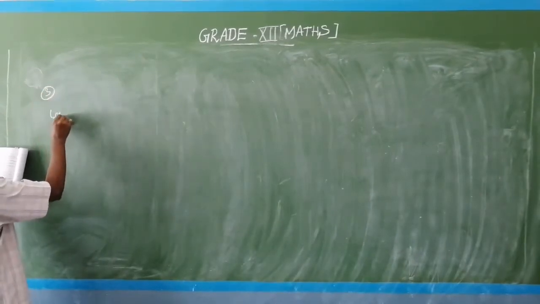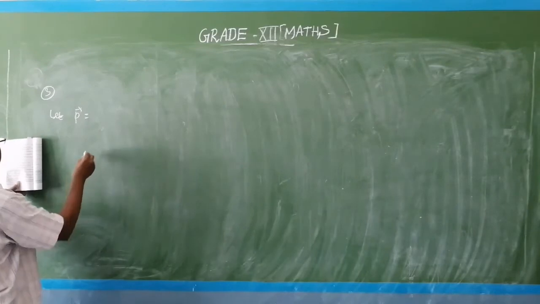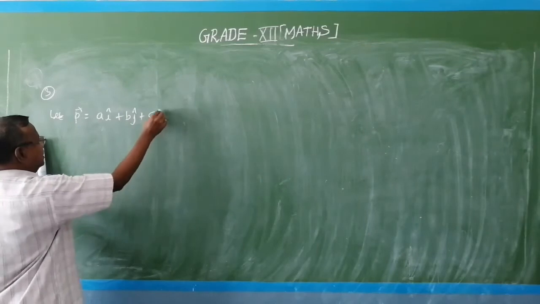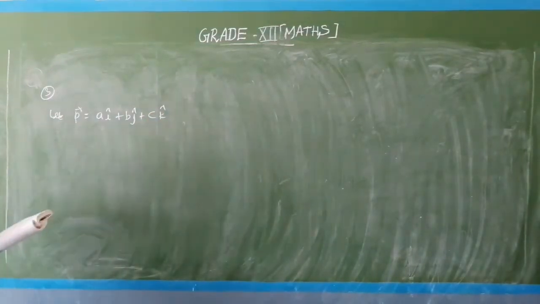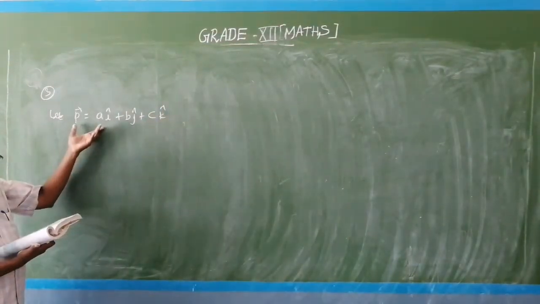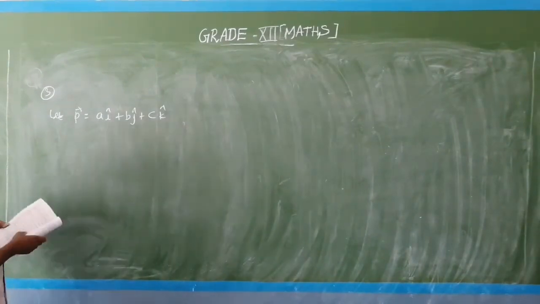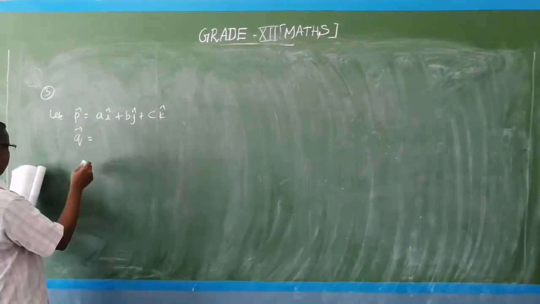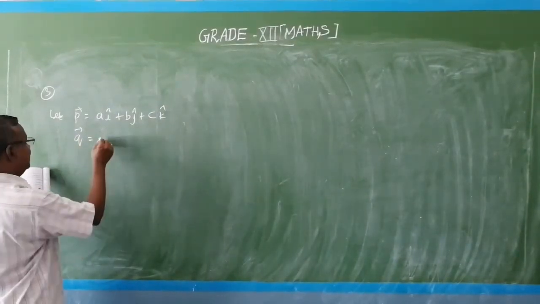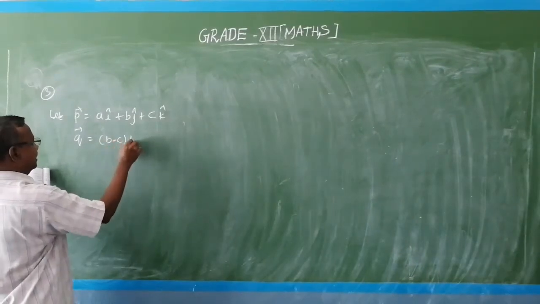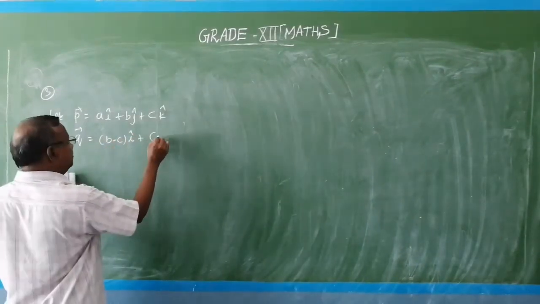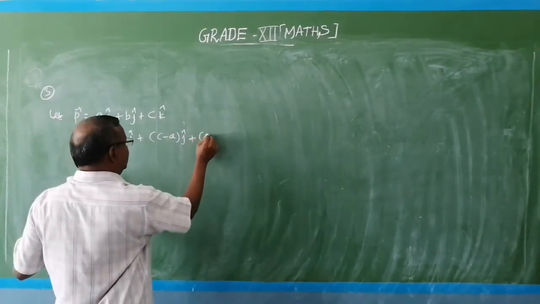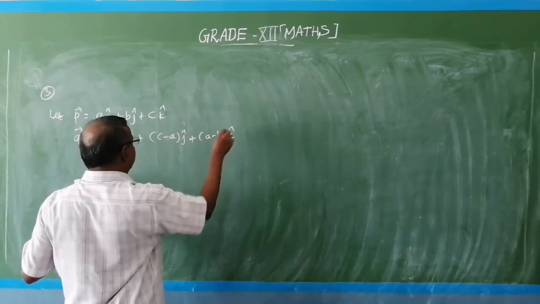Let P vector equal a i cap plus b j cap plus c k cap, the vector containing the direction ratios a, b, c, and Q vector equal to (b minus c) i cap plus (c minus a) j cap plus (a minus b) k cap.